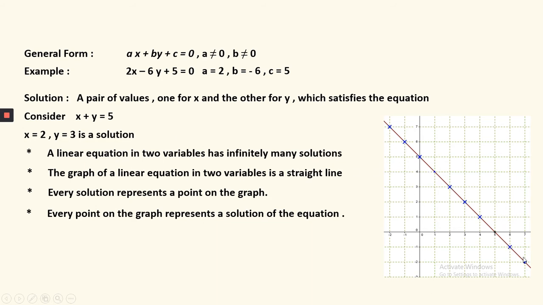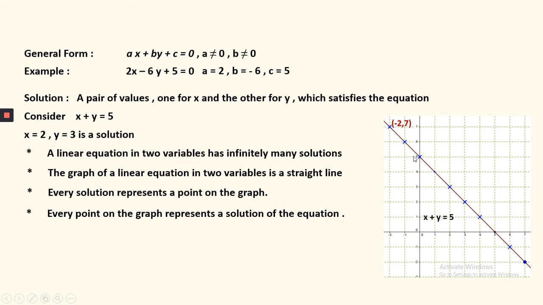And we have marked a number of points on this graph. -2, 7 is a point on this graph. And when we substitute this in the equation, -2 plus 7 is equal to 5. So this is a solution, and we are observing that the solution is lying on the graph of the equation.